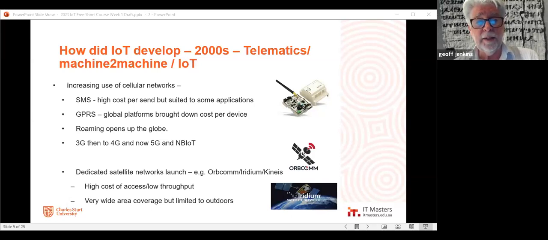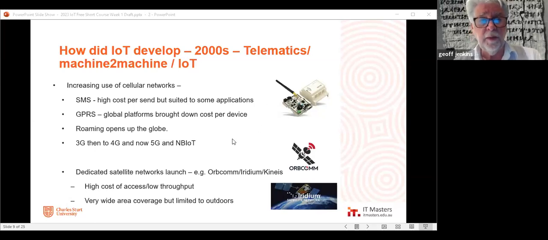Now that's starting to change, and with 4G and more particularly with 5G, IoT style data connections, which are subsets of the whole data capability of the network, are coming into play, and this is particularly so that power management can be applied, and we'll talk about that in week 3.